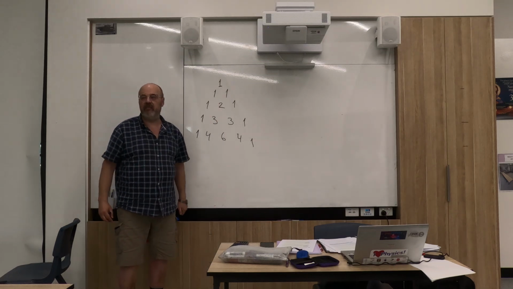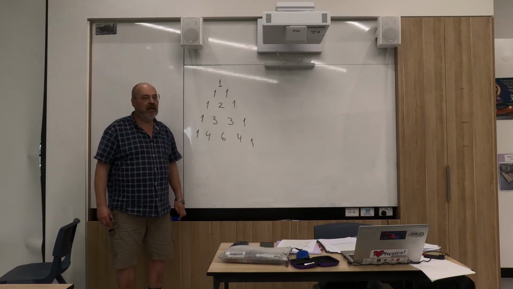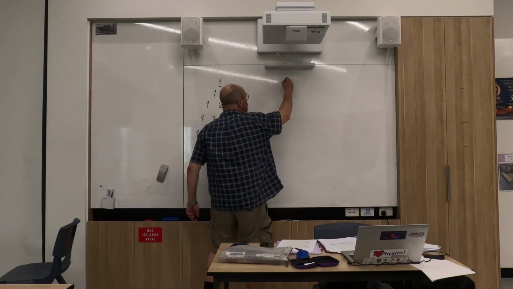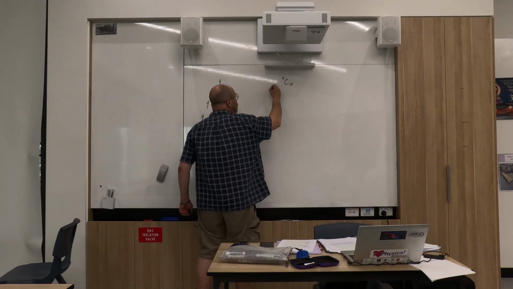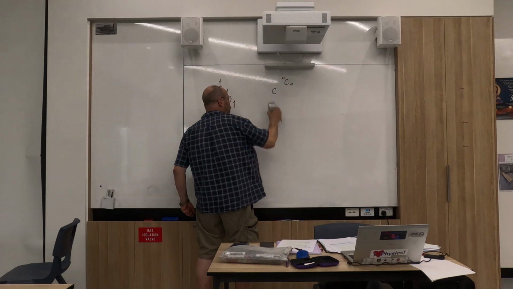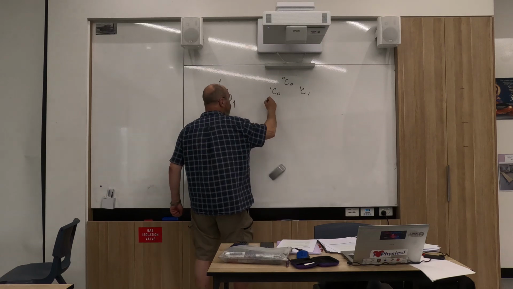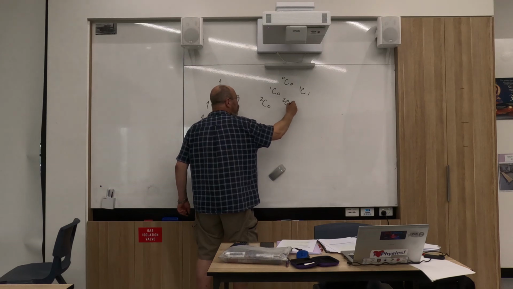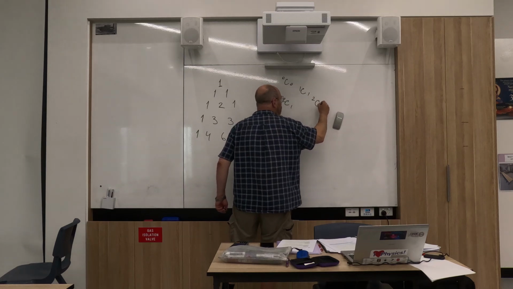But what are those numbers? Where are they coming from? Those are combinations. This is C(0,0). Then we have C(1,0) and C(1,1). Then we have C(2,0), C(2,1), C(2,2).